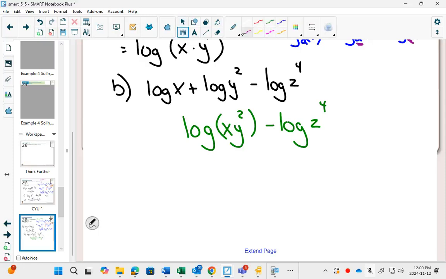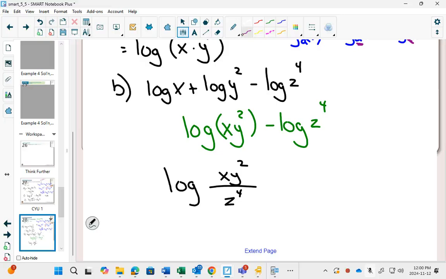But if you would like, you can go directly from this step to this step. Anything that is added together will be in your numerator multiplied together, and anything that is subtracted will be in your denominator. So you could go directly from that first step to that second one.